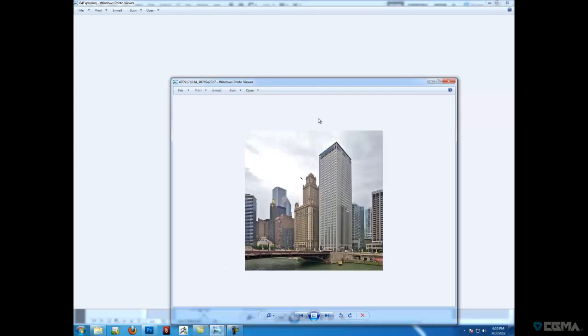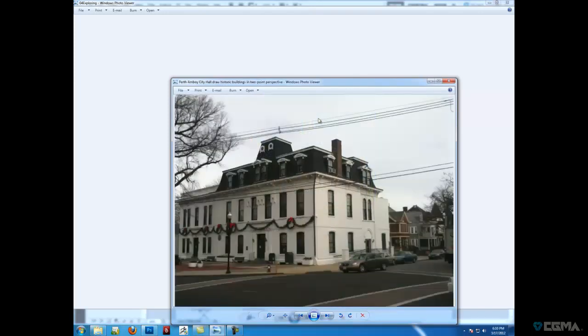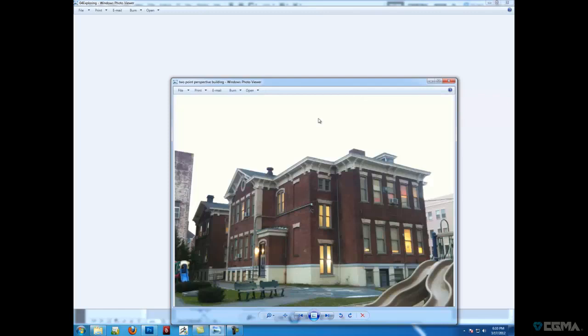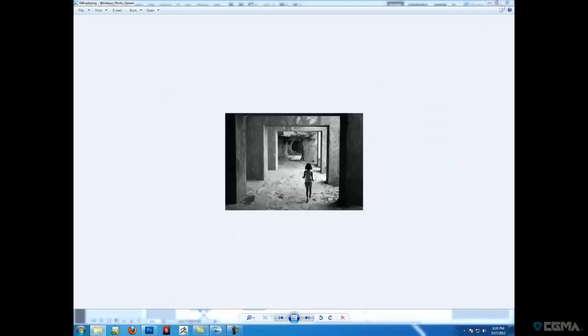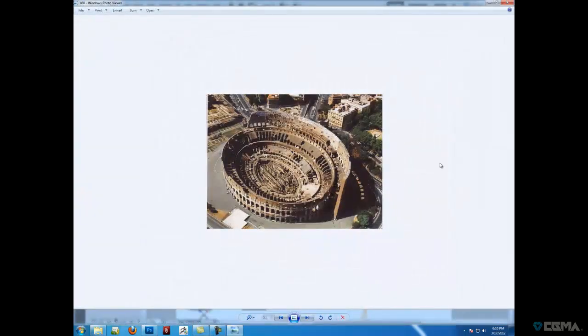We are looking at the buildings from a corner as well. And now here are some three-point perspective examples.